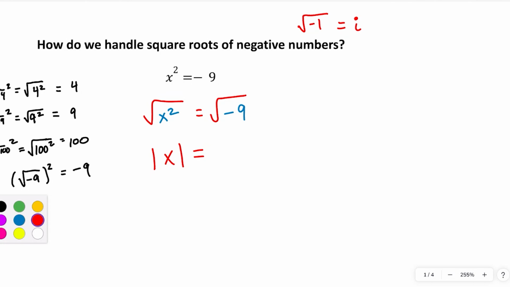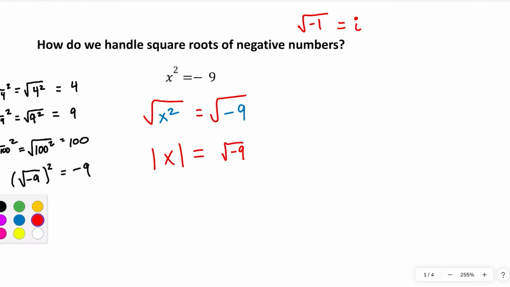Okay, so the absolute value of x equals the square root of negative 9. It's not very satisfying, but we can break this down a little bit because we could take the square root of 9. We know the square root of 9 is 3.